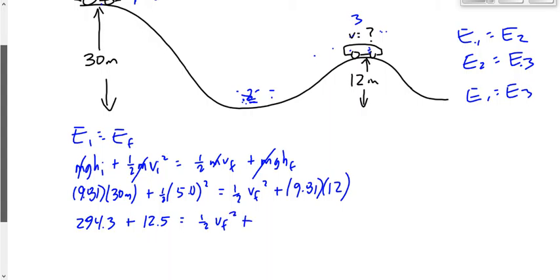What's 12 times 9.81? 117.72. All right, what do we got here on the left side? 306.8.